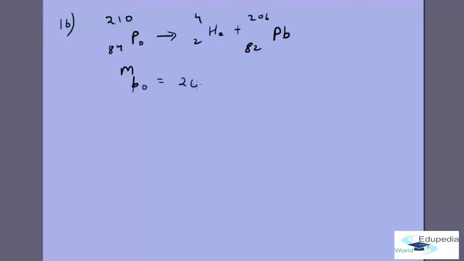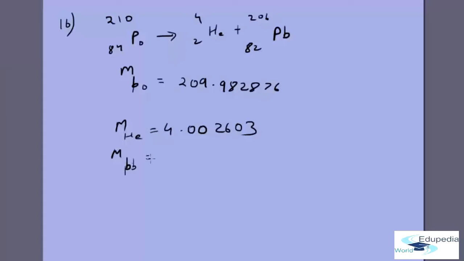This has a value of 209.982876. And these two have a value of MHe is 4.002603. MPb has a value of 205.974455. So we'll add these two together.